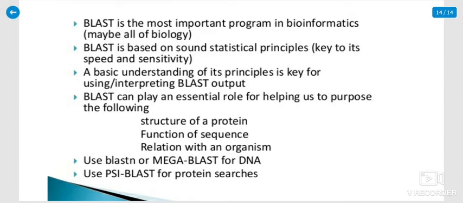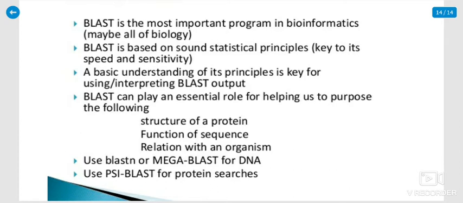BLAST can play an essential role in helping us predict the structure of proteins, functions of protein sequences, and relations with an organism. Use BLAST or megablast for DNA. Use PSI-BLAST for protein searches. So these are the major sources of the best searching tools.